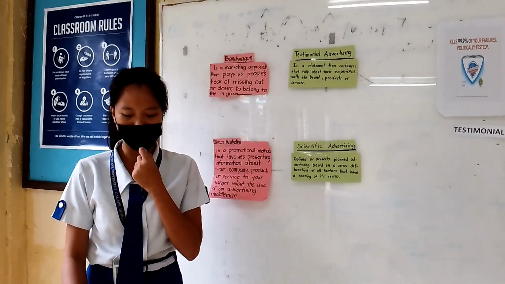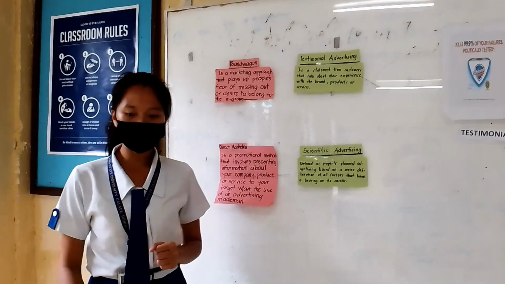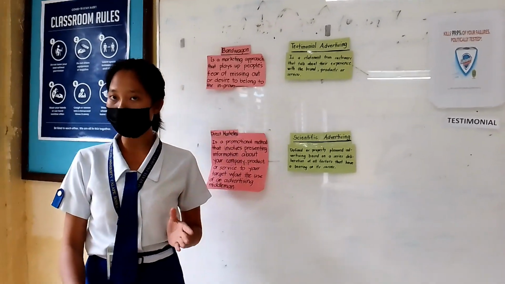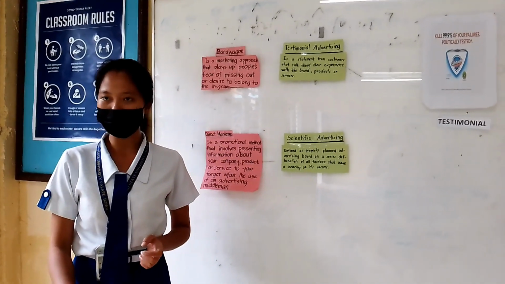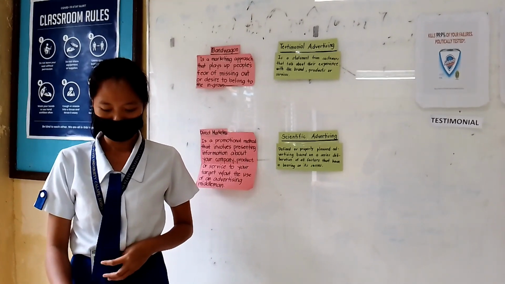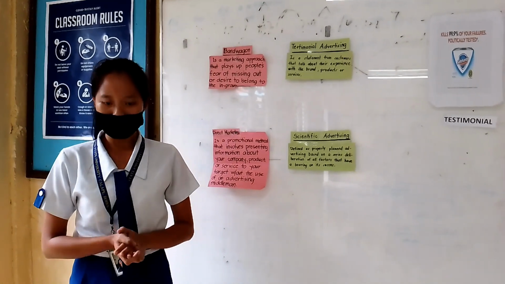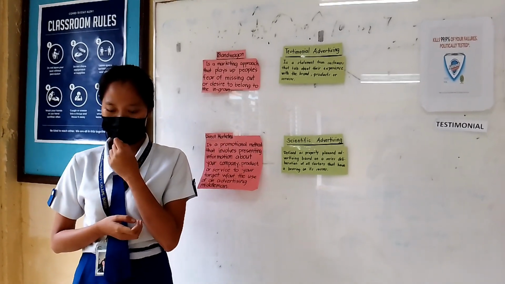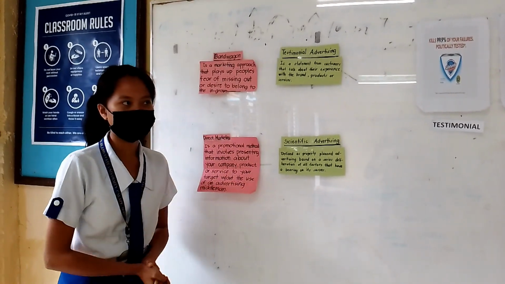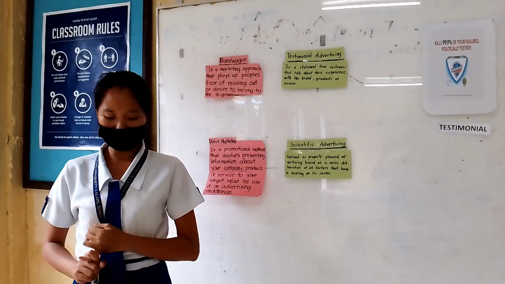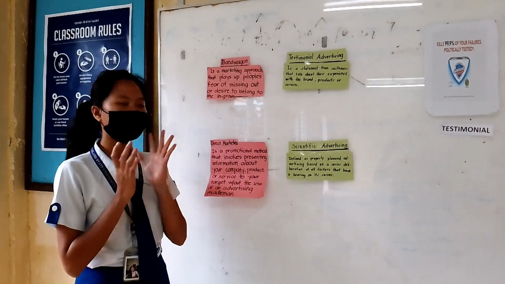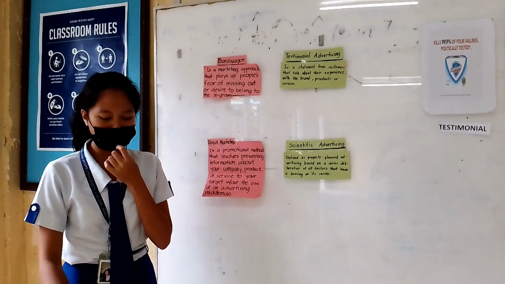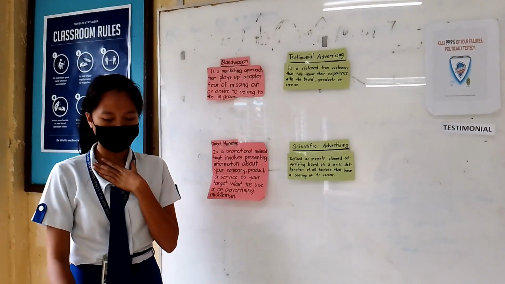So, I have here a video, and I want you to watch and understand its content. Now, based on the video, what are the types of advertising techniques being mentioned? Alright, bandwagon, testimonial advertising, direct marketing, and scientific advertising.